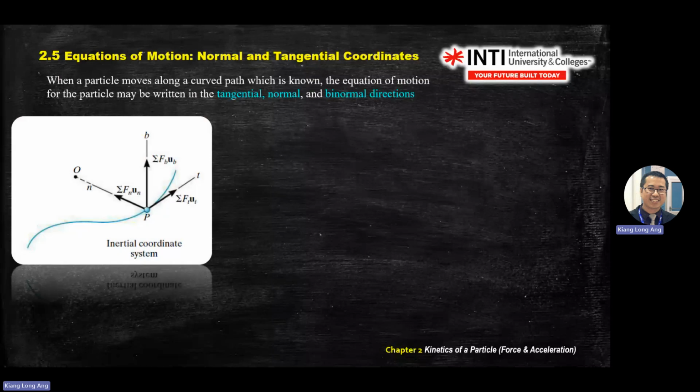So this one is in addition to what you learned for your tangent and normal direction. Same. When you have a curvature path, if this one moves this way, you have tangent and normal.